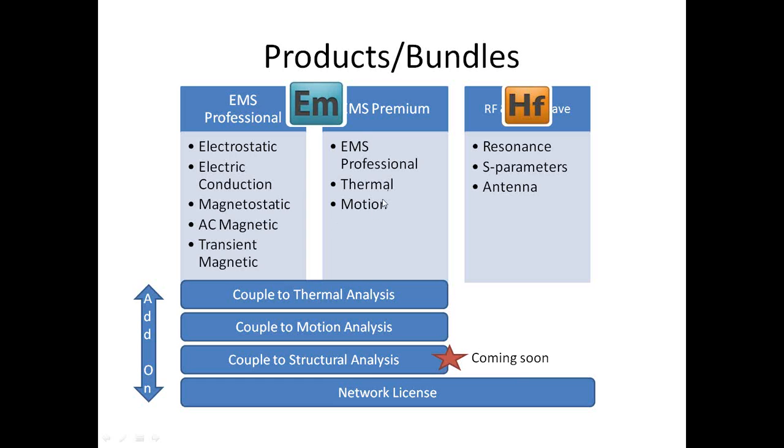Obviously, when you buy them as a package, like a Premium, there is significant cost benefit compared to buying Professional and adding some of these things. And we also have a product called HFWorks, which is in the RF and microwave space, which is not the topic for today, but maybe at some other point we will be doing that type of seminar too with TriMech. And these are the products and bundles that we currently offer.